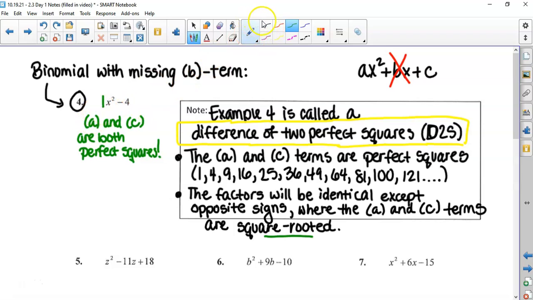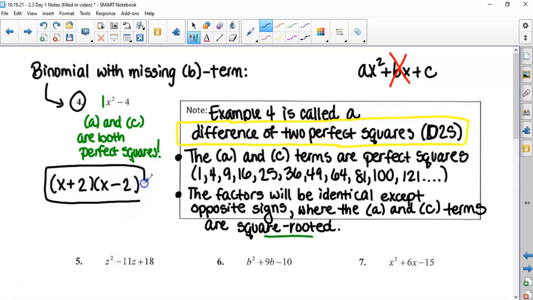The square root of 1 is 1, so I've got 1x, 1x. The square root of 4 is 2. So that's 2, 2, right? Here's this bullet point. The factors will be identical. Notice these are identical, except opposite signs. So one of these is a plus and one of these is a minus, and we are done. So my factored form is x plus 2 times x minus 2.